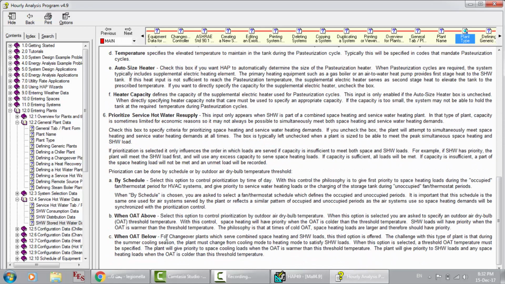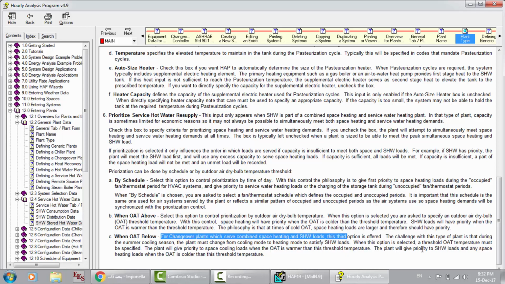Below, for changeover plants when the service combines space heating and SHW loads, this third option is offered. The challenge with this type of plant is that during the summer cooling season, the plant must change from cooling mode to heating mode to satisfy SHW loads.